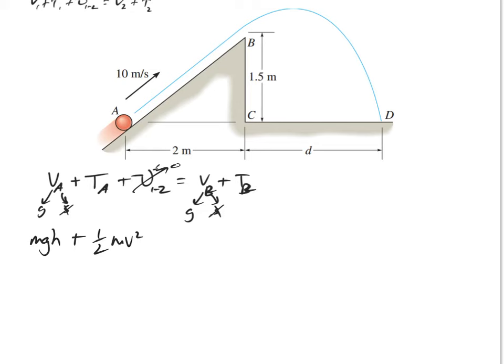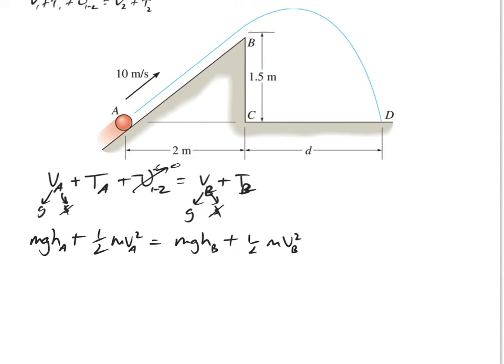So I don't have any work done right here. So that is equal to mgh2 plus 1/2 mv squared 2. So let me say the mgha, the 1/2 mva squared, is equal to the mghb, 1/2 mvb squared.